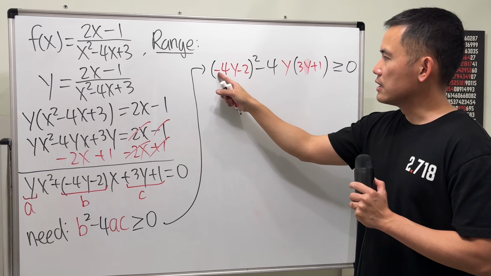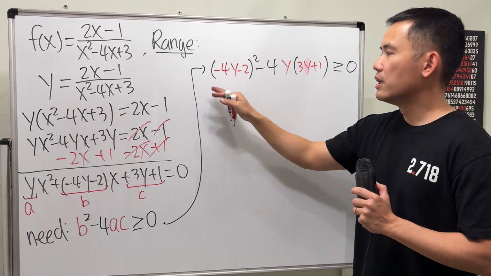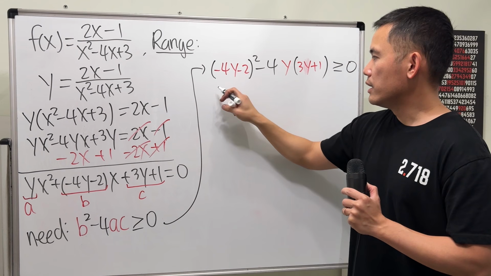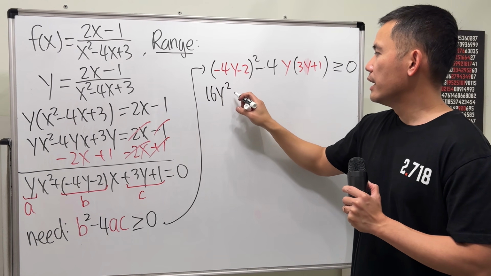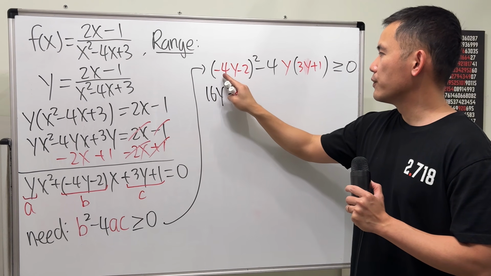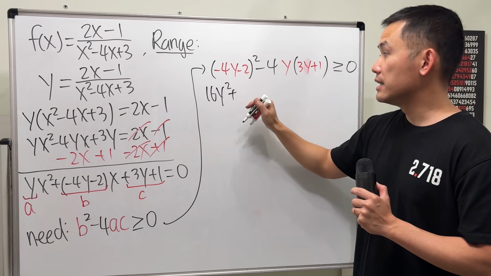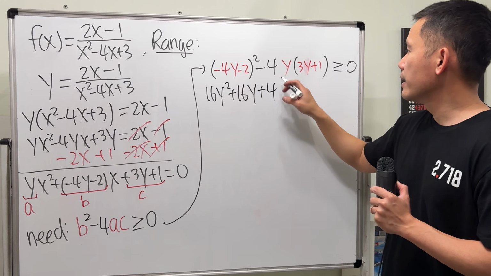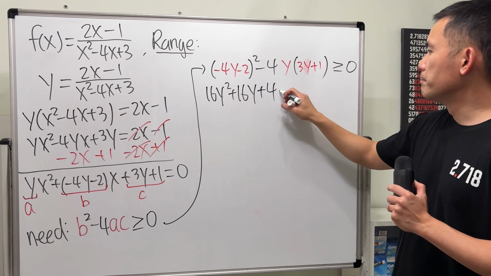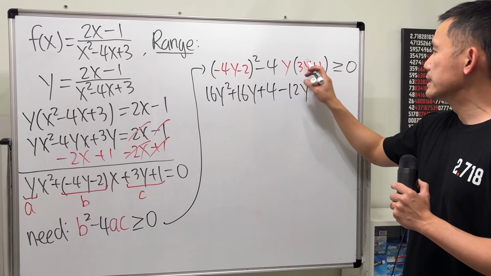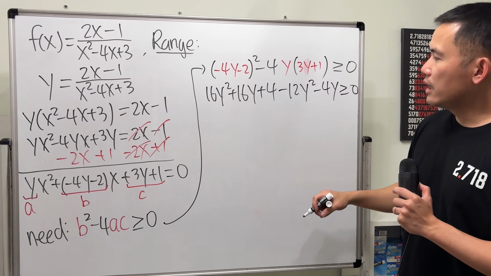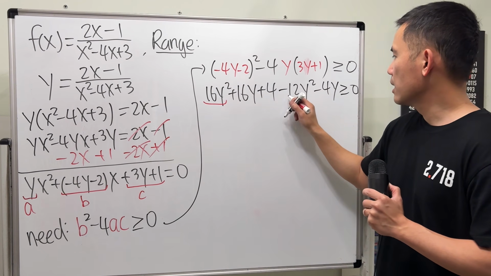You can just think about this as positive because you can factor out negative. Square that doesn't matter. So 4y squared is 16y squared, and then plus 2 times 4, which is 8, times that is 16. And then you have y, and then plus 2 squared, which is 4. And then distribute, we get minus 12y squared minus 4y. And we see this and that can be combined.